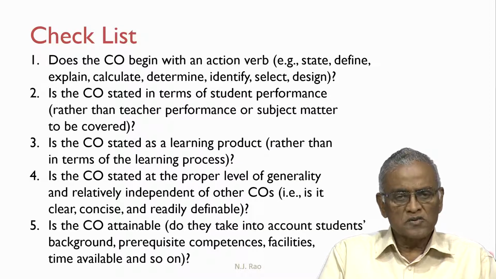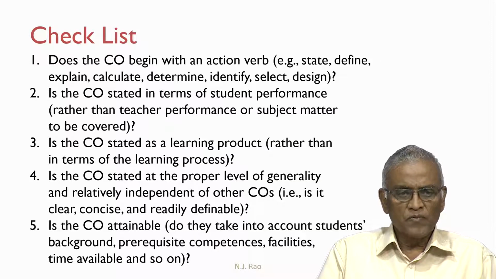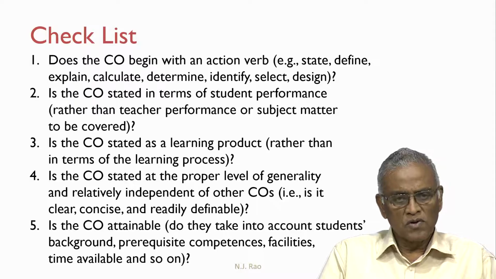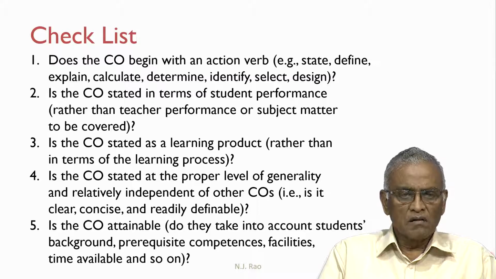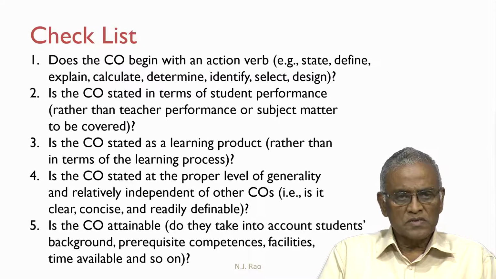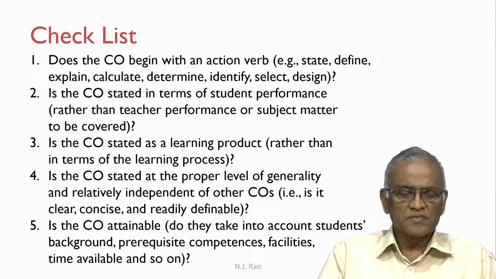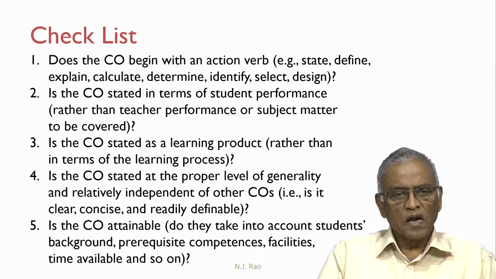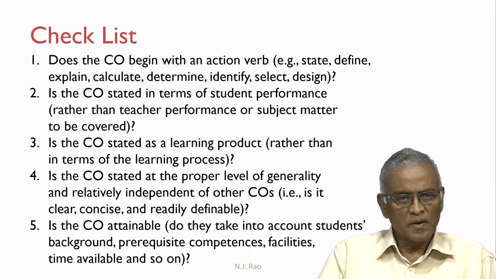All these factors need to be taken into consideration when you write the CO statement. So, this is the checklist. Again, we re-emphasize that whenever you write a CO statement, please check that statement with respect to these 5 items in the checklist. That way you will avoid some of the inadvertent errors that one may commit.